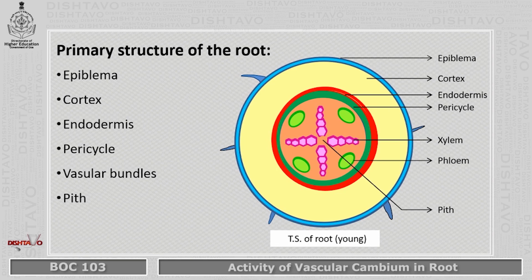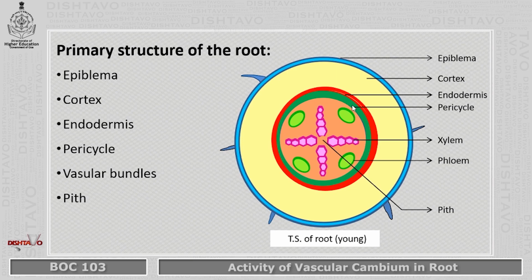In the primary structure of root, the outermost layer is epiblema, which has unicellular hairs which are meant for absorption. Next to epiblema is a multi-layered cortex made up of parenchymatous cells, and the innermost layer of the cortex forms the endodermis.